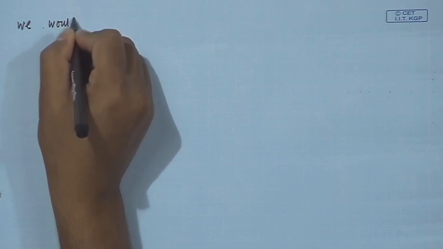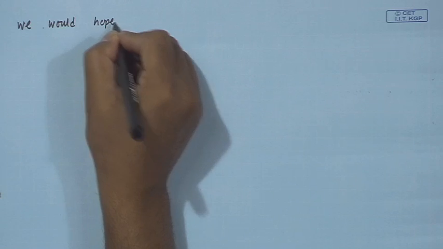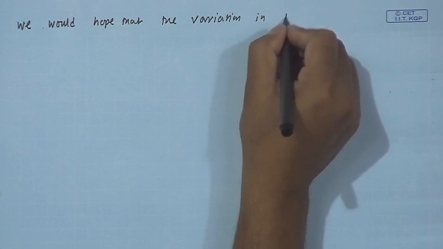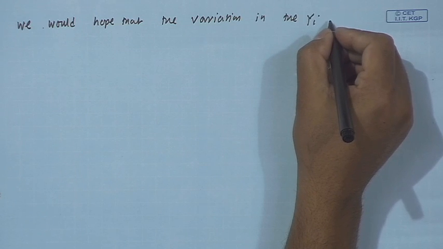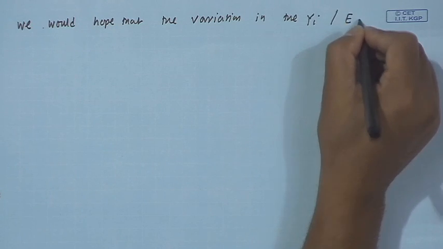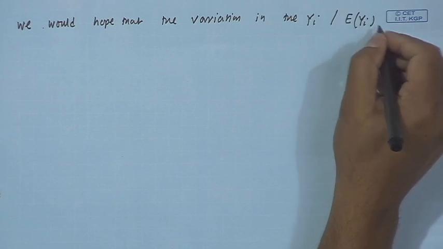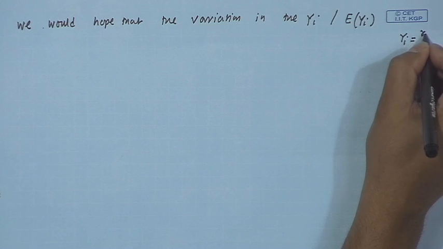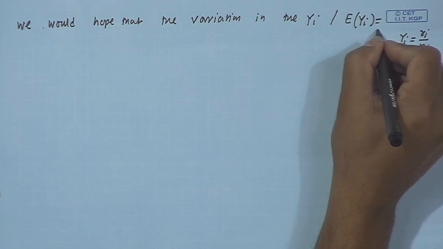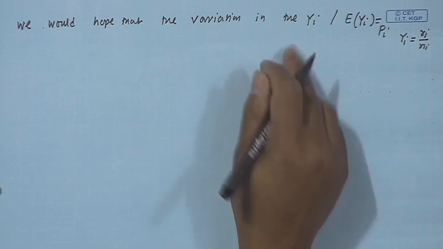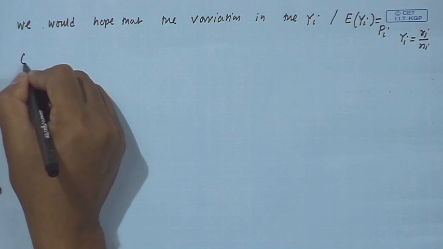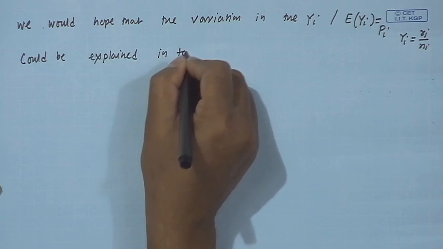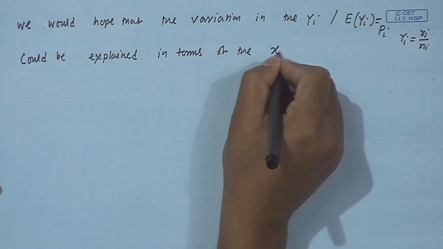So, we would hope that the variation in the response variable y_i, or in the expectation of y_i, could be explained in terms of the x_i's values. Generally the expectation is n p, but here we are assuming again that y_i, the observation, is the number of successes by n_i. So, this one is basically p_i.